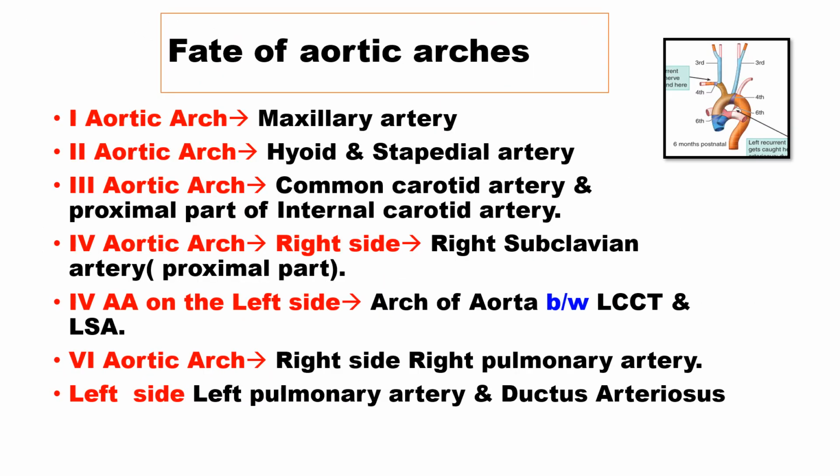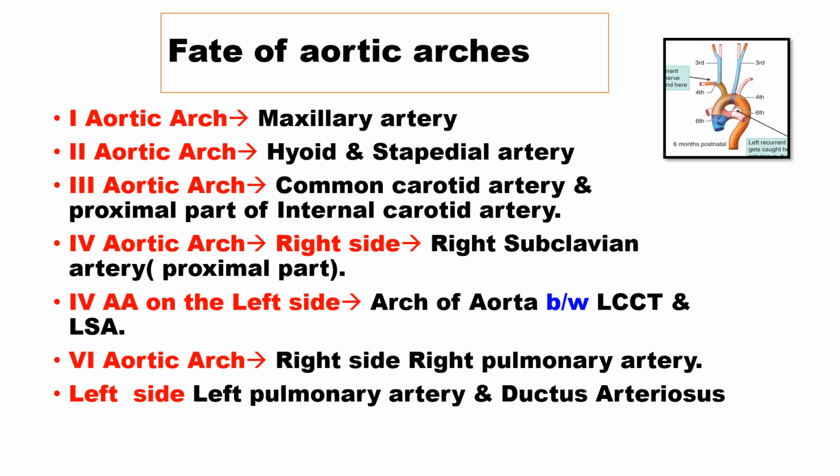Fate of aortic arch arteries. The first aortic arch artery is represented as the maxillary artery. The second aortic arch is the hyoid and stapedial artery, which finally disappears and gives rise to a number of important branches. The third aortic arch artery forms the common carotid and proximal part of the internal carotid artery on both sides. The fourth aortic arch artery on the right side forms the proximal part of the right subclavian artery.